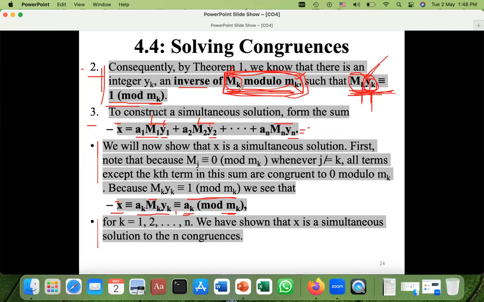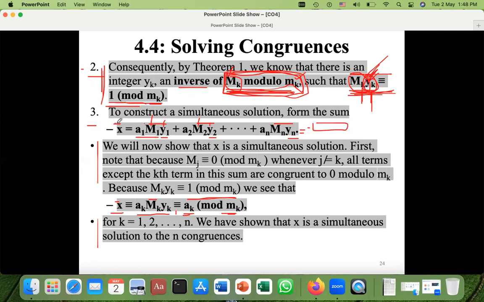We can transform our mk for all the moduli, mk modulo mk, which you can write in the form of congruences. And when you write here, you will need some variable yk, that would be the inverse, and in this step 2 you will have that inverse. When you have that inverse, then you are able to sum them all up, and then you will have some final number for that x.